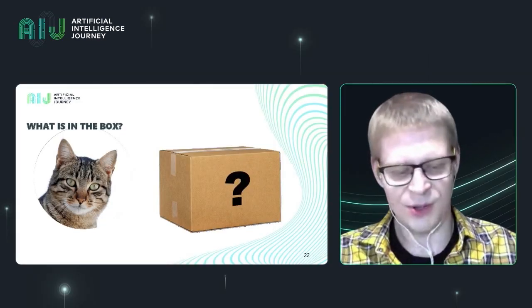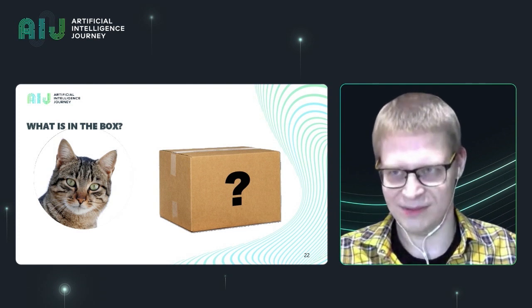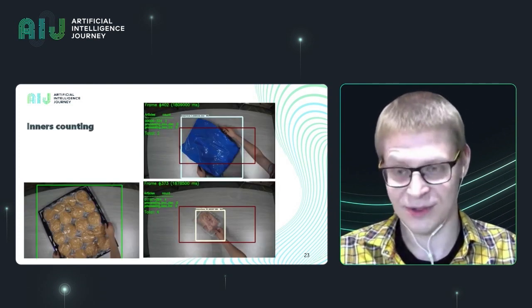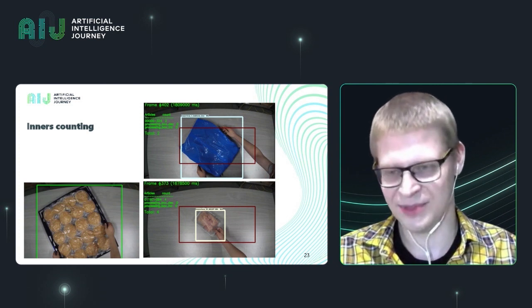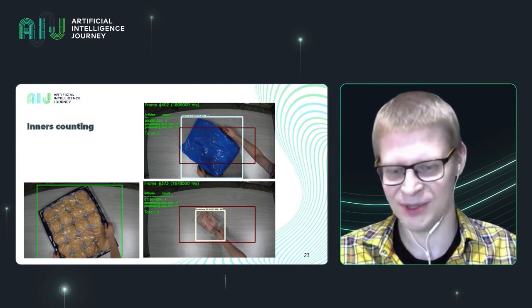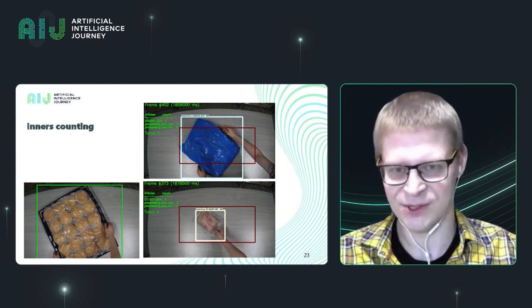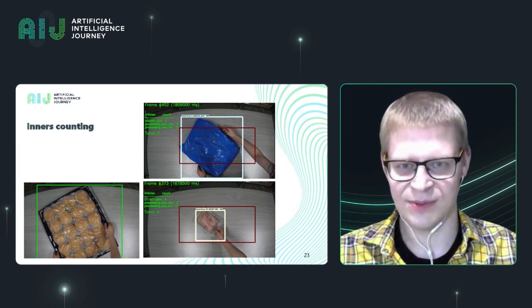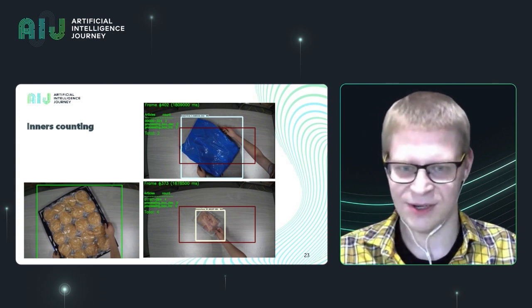Question: what's in the box? It's important to calculate all of the animals in the box, all of the elements in the box. There could be anything in a box.